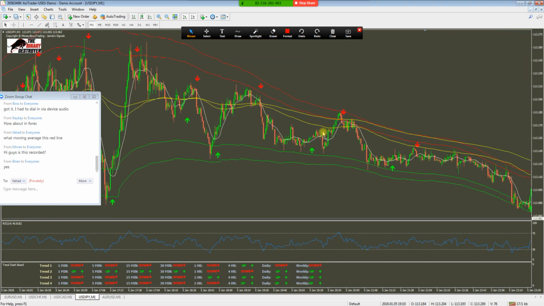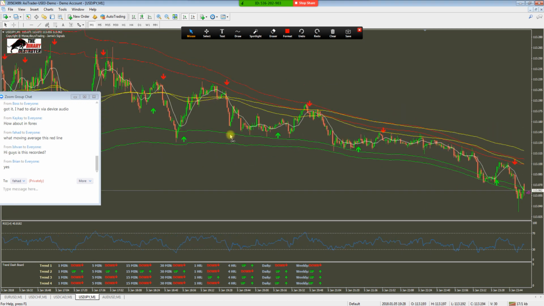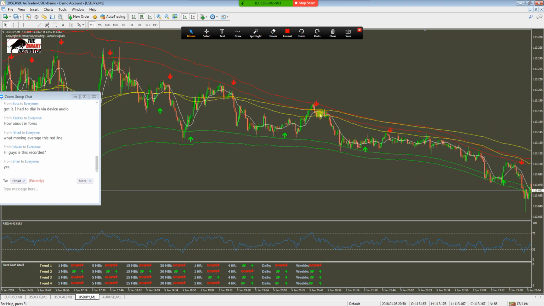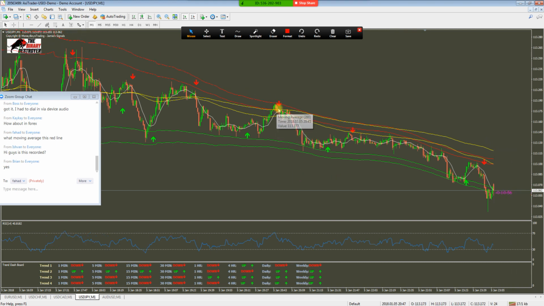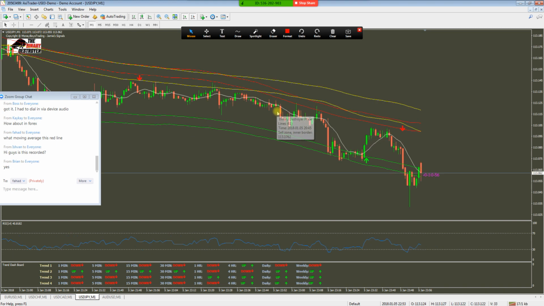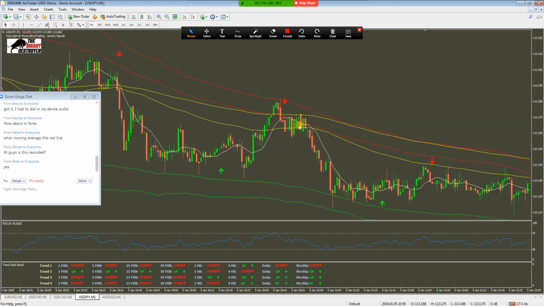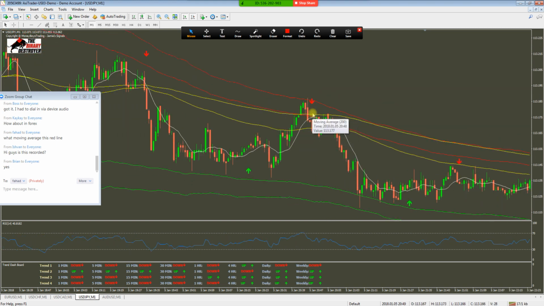And it's good to add it with the Binary Destroyer, because here's a good example with the buy and sell zones as well. Let me zoom in. See how the price is right in the middle of the sell zone.